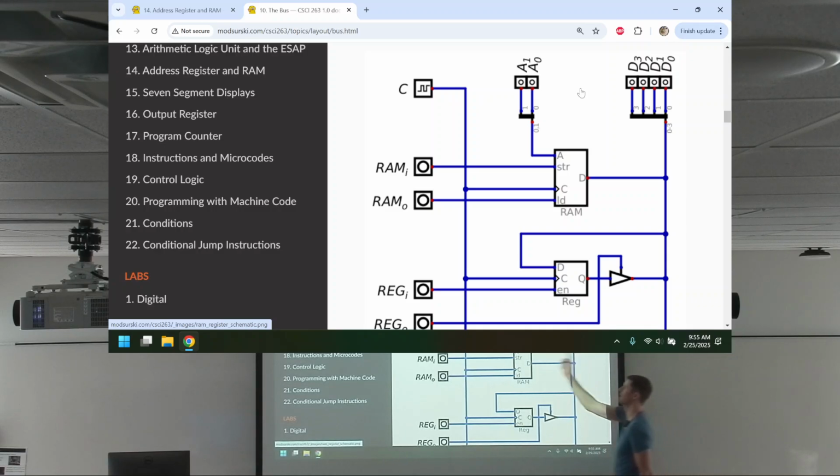As far as we could tell based on this design, they were entirely separate. And we've got the control bus, which is just the control logic signal lines.